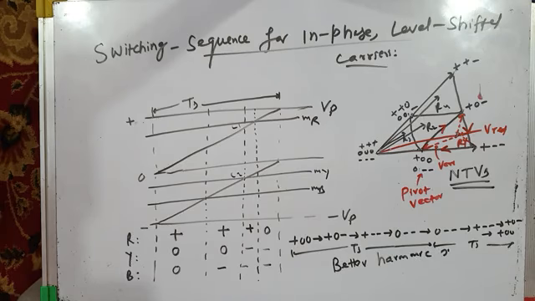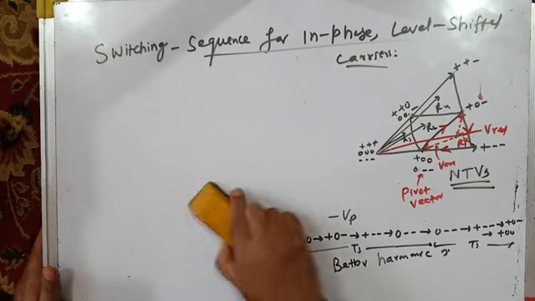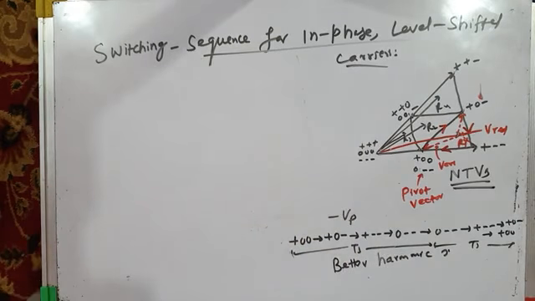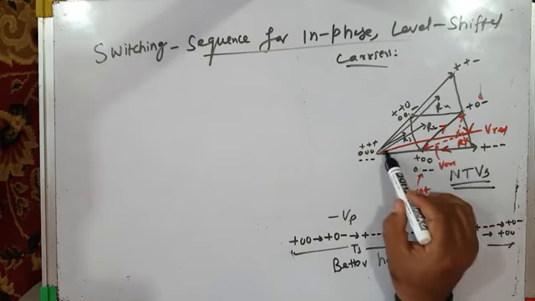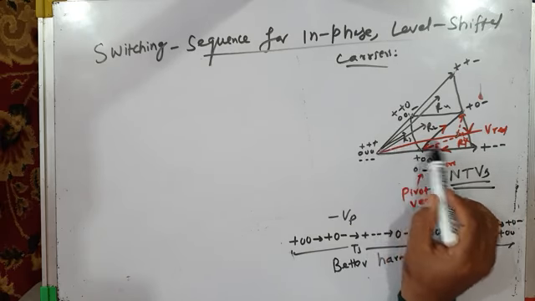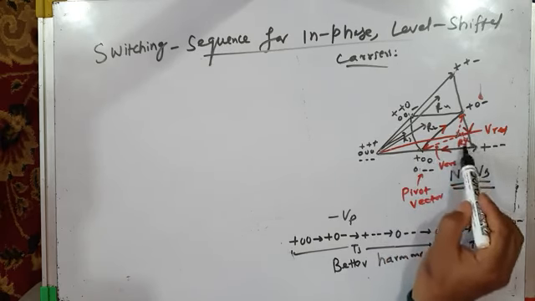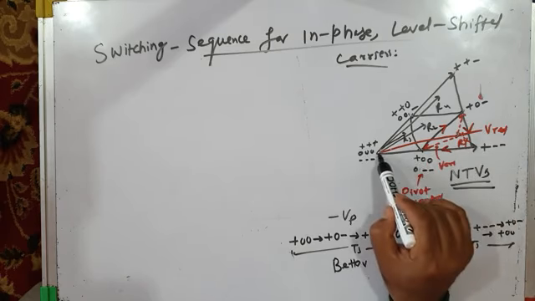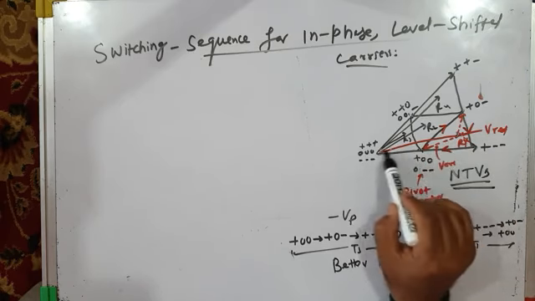So therefore I may change my statement. A few moments back I had made a statement that out of phase level shifted carrier PWM gives better harmonic spectrum. No, that is wrong, because we just saw that when the null vector is applied, 2 vectors are applied from a particular region and 1 vector is outside the region, and that gives large error.